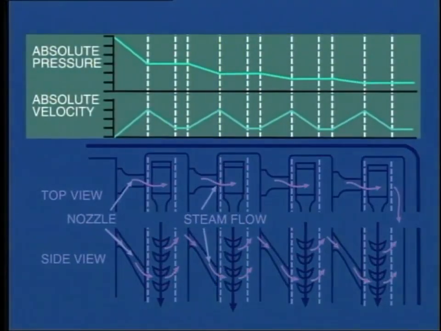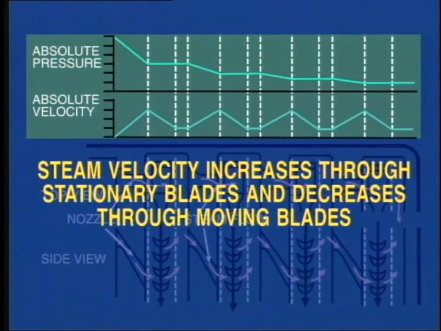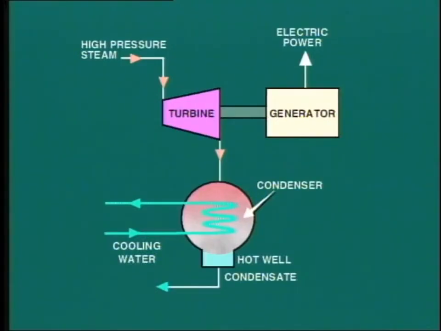We can see that as a result of pressure drop, the velocity of the steam increases each time it passes through a set of stationary blades, but the velocity then decreases as the steam passes through the moving blades and gives up energy. Eventually, when the pressure has fallen to a low value, it can no longer expand and produce work, and it is exhausted from the turbine.